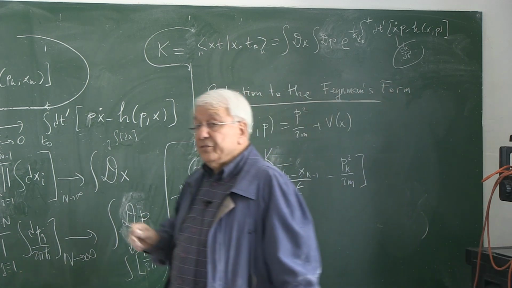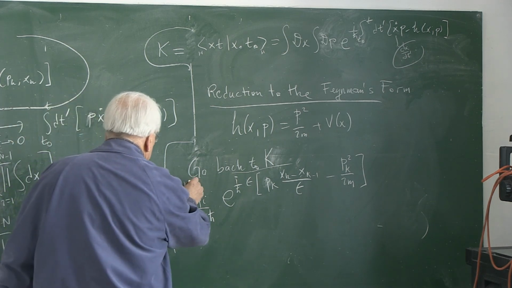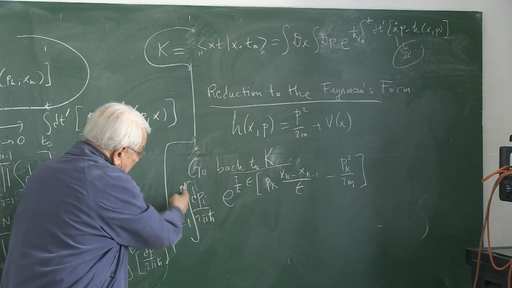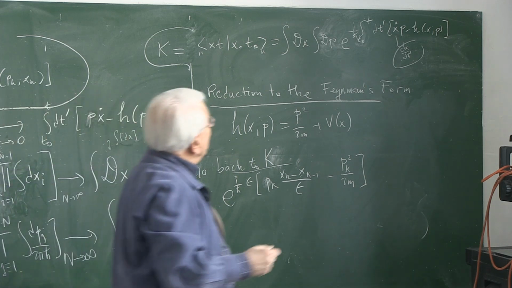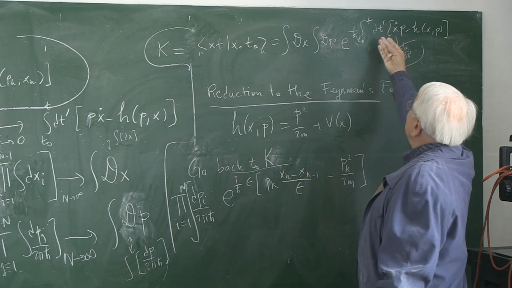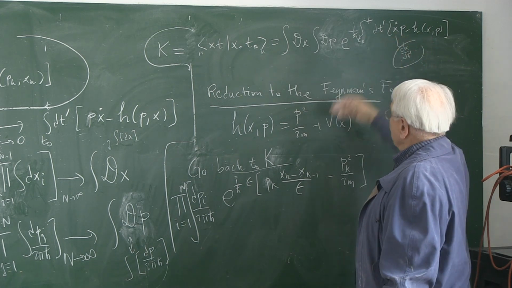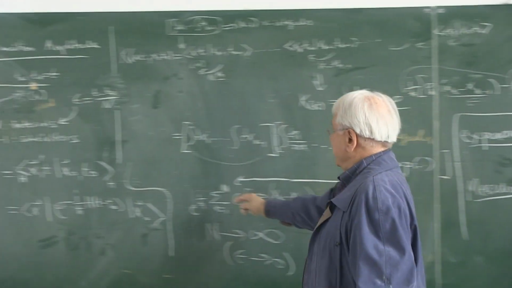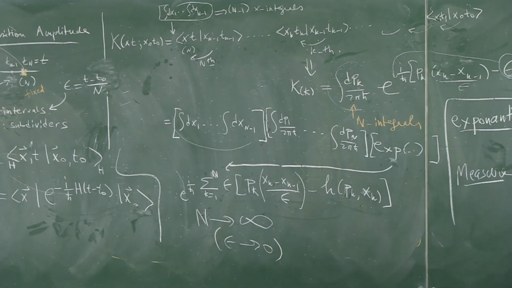Let's first of all convince ourselves that the p-dependent parts can be represented as such. This is the integral here. In the measure, I had N many dp divided by 2 pi h bar, and in the exponent, when you write it in the conventional infinitesimal calculus form, there are also N many of these factors. Therefore, this way of writing is a good way of writing.